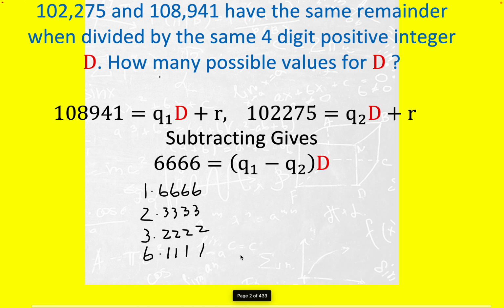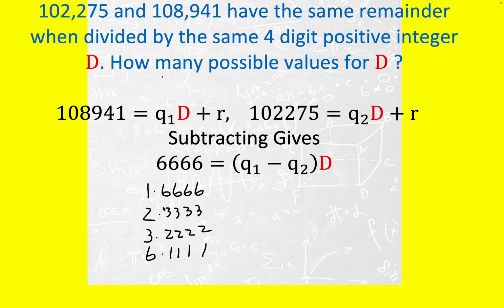Now you may say, how do you know you're done? Well, that's a good question. But notice that the prime factorization of this number is 2 times 3 times 11 times 101. It takes a little bit of time to get this, but this helps us to prove that these are the only 4-digit divisors. 11 is a divisor by a well-known alternating division test.